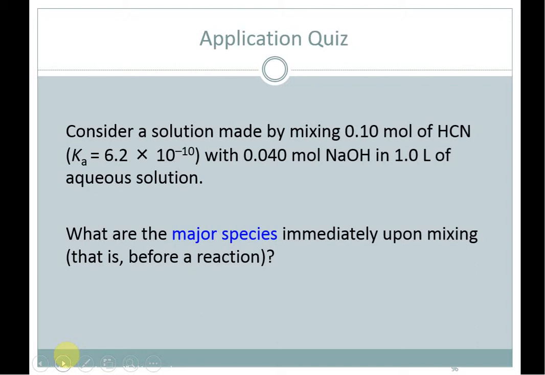So here, consider a solution made by mixing 0.1 moles of HCN with 0.04 moles of NaOH in a 1 liter aqueous solution. Now initially, guys, we have two things we're talking about.